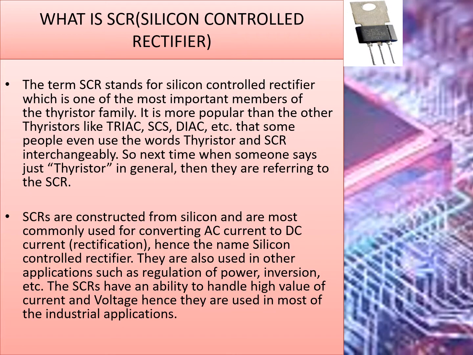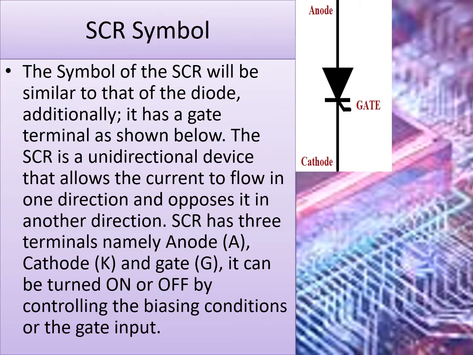SCRs are constructed from silicon and are most commonly used for converting AC current to DC current, rectification. Hence, the name silicon control rectifier. They are also used in other applications such as regulation of power and inversions. The SCR has an ability to handle high values of current and voltage, hence they are used in most of the industrial applications.